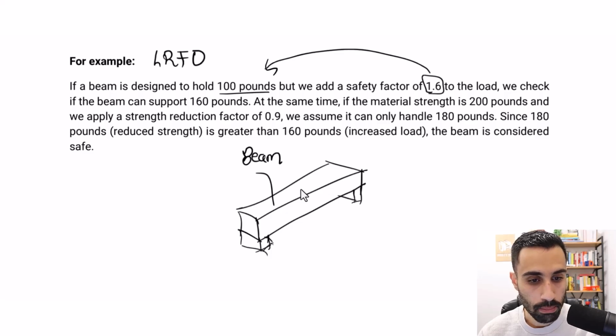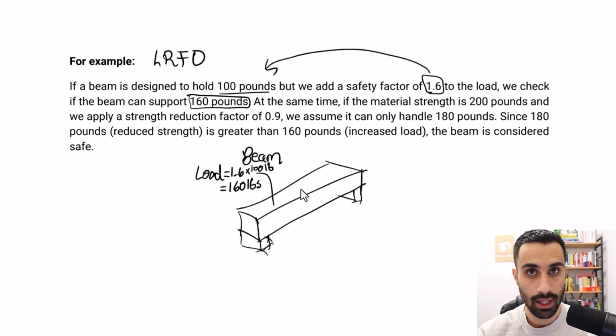So now the real load that I'm going to overestimate is 160. Here the load is actually 1.6 times that 100 pounds, and it becomes a load of 160 pounds. So this is the load that's applied. I overestimate it using LRFD.